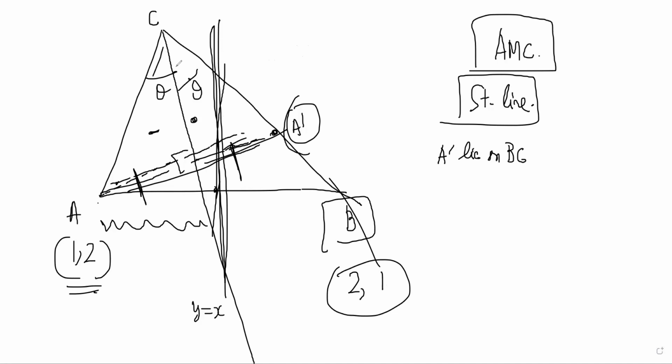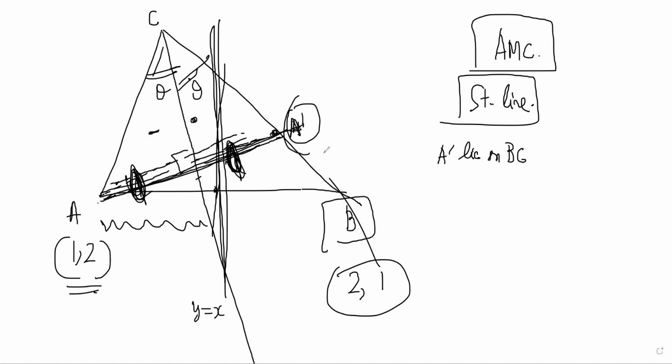Yes, that's why. Because this is theta, theta. But let's not assume this, because then we would have to prove that it is half-half, that it is a reflection. So let's draw a perpendicular line from A and make it cut at A dash.